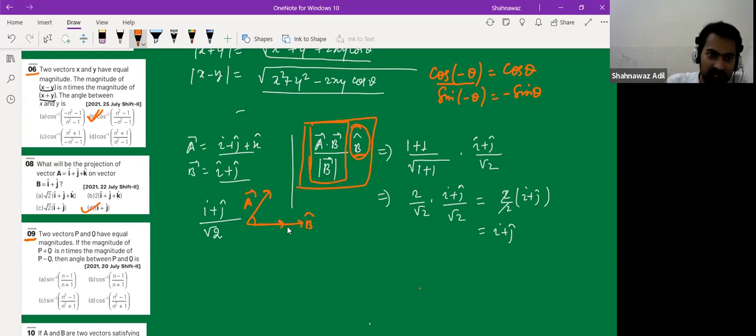Now you see that this question is exactly similar to what this sixth question is, right? But in here, the magnitude of x minus y was n times the magnitude of x plus y, right? But for this question, the magnitude of p plus q is n times the magnitude of p minus q, right?